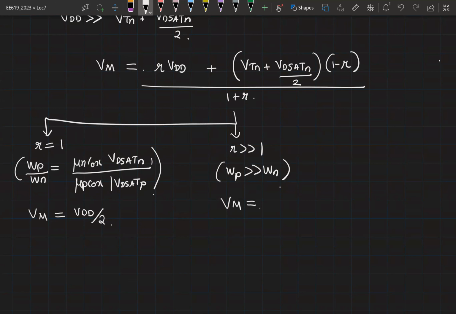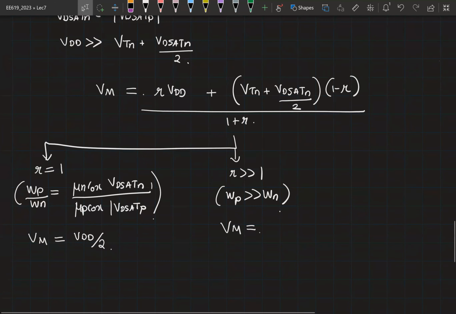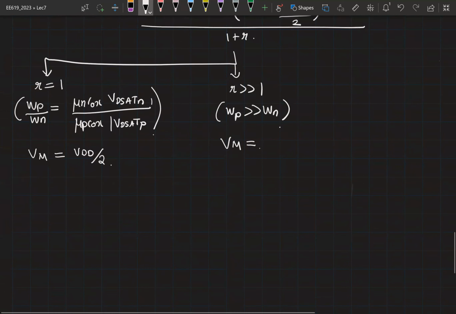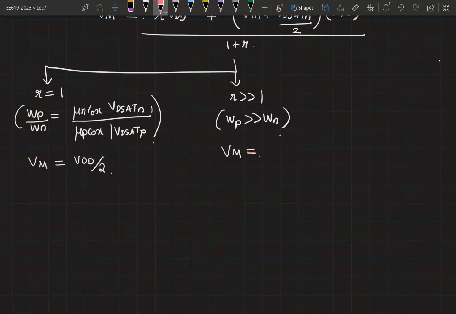So from the denominator, 1 plus R, you can approximate it to be R. 1 minus R, you can approximate it to be minus R. So then this becomes VDD plus VTN plus VD sat n by 2. And then we mentioned a condition here that VDD is much, much greater than the other factors. So it will become closer to VDD. So this goes closer to VDD.